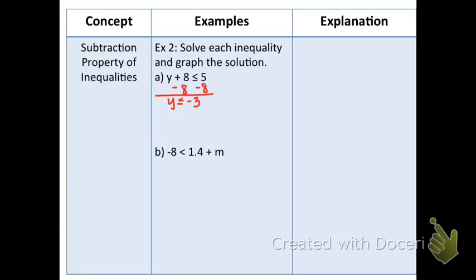So the first thing I did was, I'm going to try to be better about writing these notes off to the side, I use the subtraction property of inequality. And it works very similarly to the addition property of inequality. When I subtract 8 from both sides, I am producing equivalent inequalities.